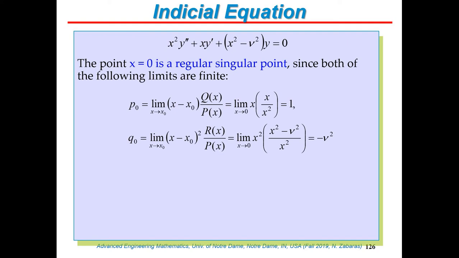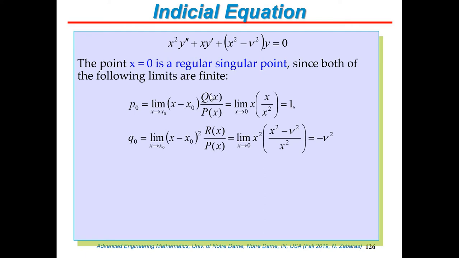I remind you that in the most general case that we had used, and we will use also today, these expressions, like x minus x0 times capital Q over capital P, being analytic functions at x0, is a generalization of what we see with the equations that I have here. So anyways, x equal 0 is a regular singular point because these limits exist and they're finite.